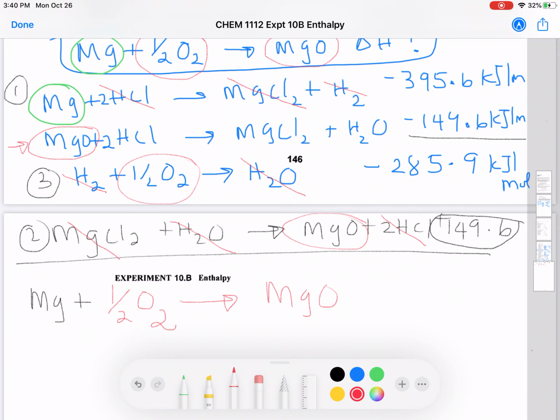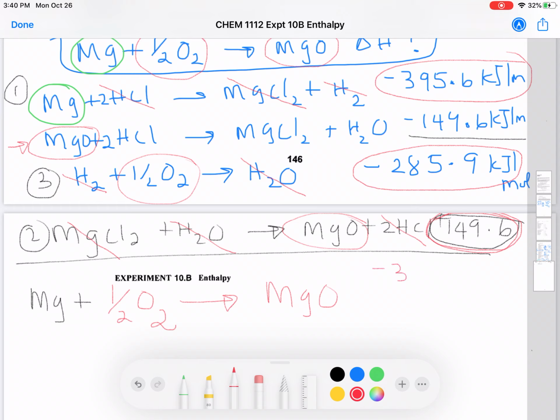So the three enthalpies that you need to add, you add negative 395.6, and you also add negative 285.9 and positive 149.6. When you add these three terms, you will get the enthalpy of formation of magnesium oxide.